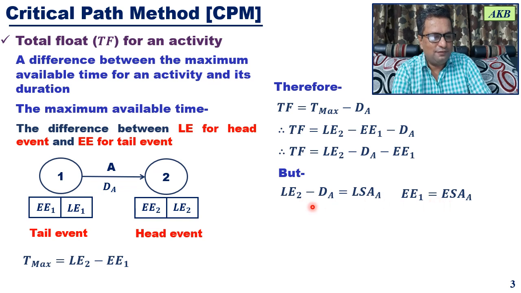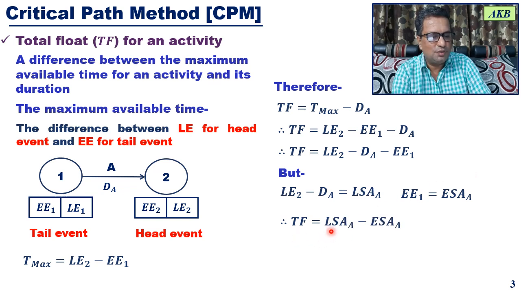So having understood how to use these two terms, latest start time for the activity and earliest start time for the activity, in the equation for TF, LE2 minus dA will be replaced with LSA, that is latest start time for activity A, and EE1 will be replaced with earliest start time for activity A.